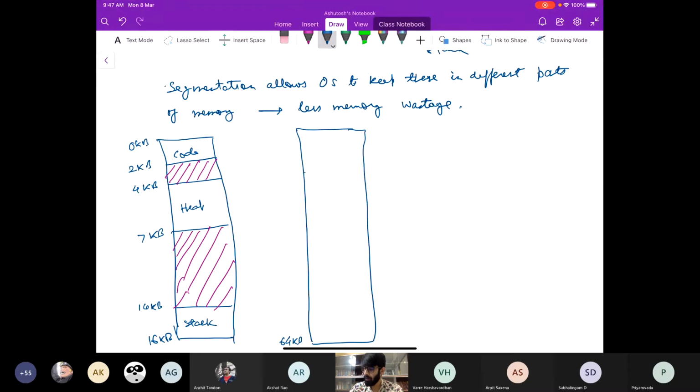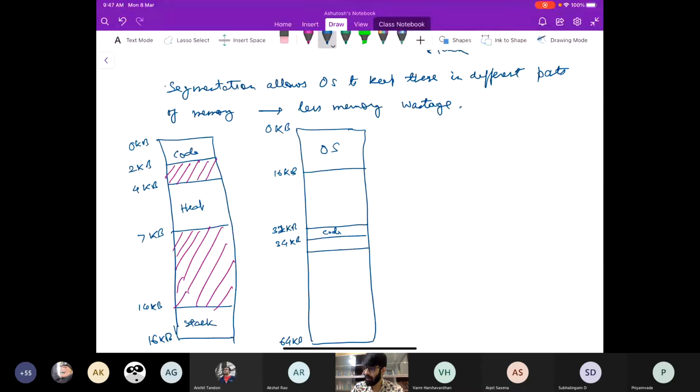So first 16 is taken by the OS. Then this is halfway, this is 32 KB. At 32 KB, the code comes. And at 34 KB, the heap comes.